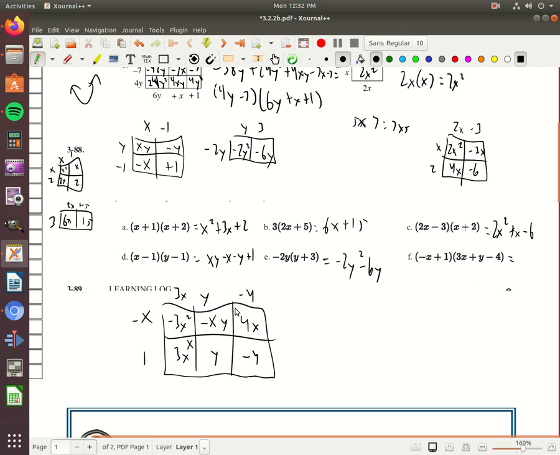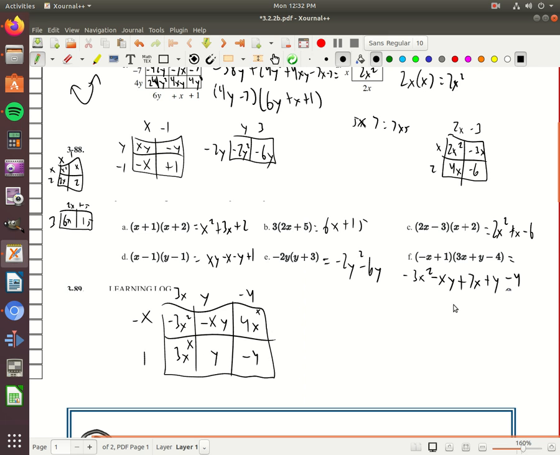And you can see these are the only two that are like terms, right? That 3x and that 4x. So this will equal negative 3x squared minus xy. Now I'll combine 4x and 3x to get 7x plus y minus 4.